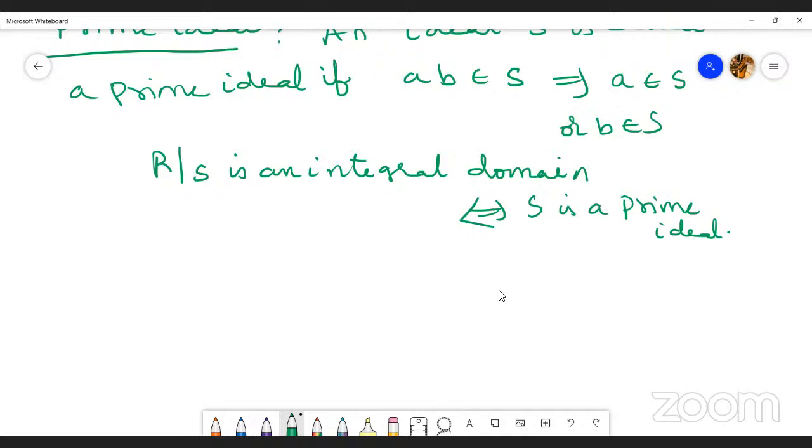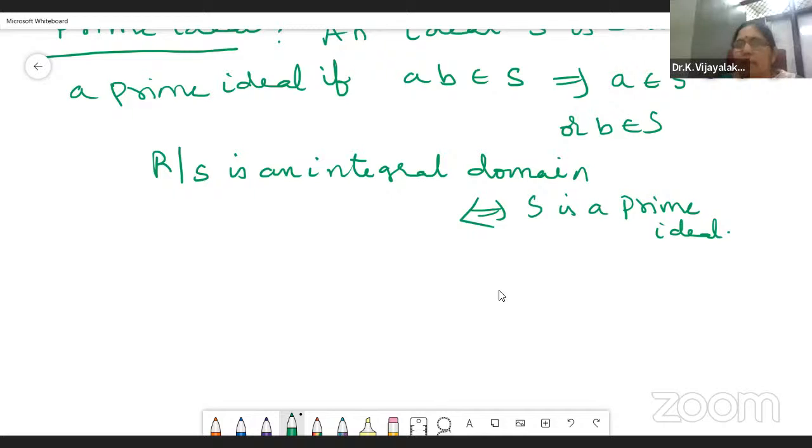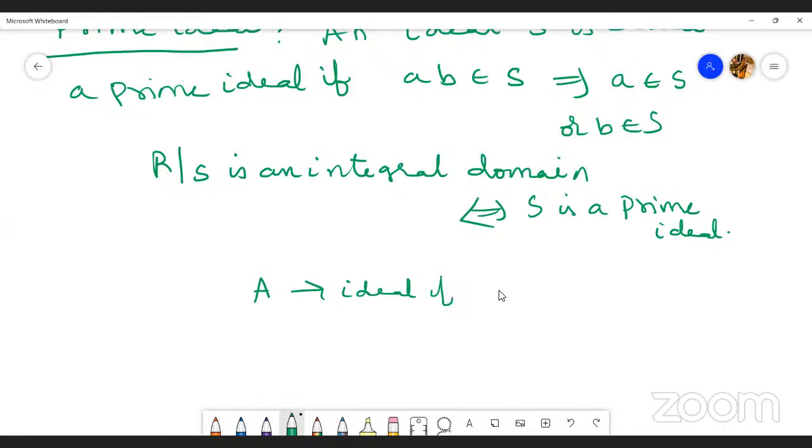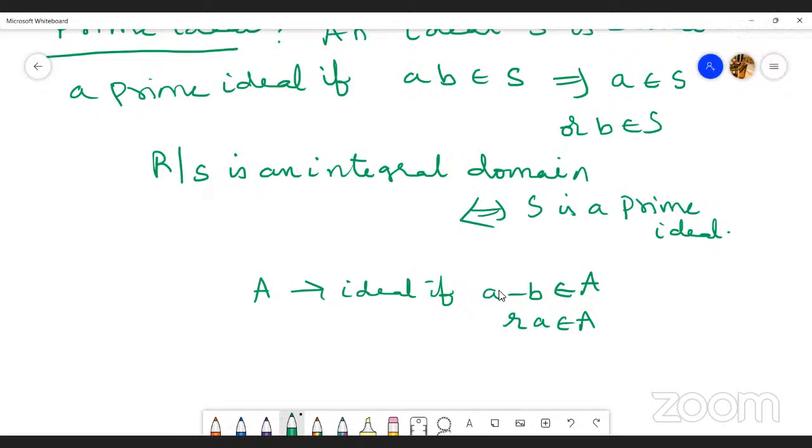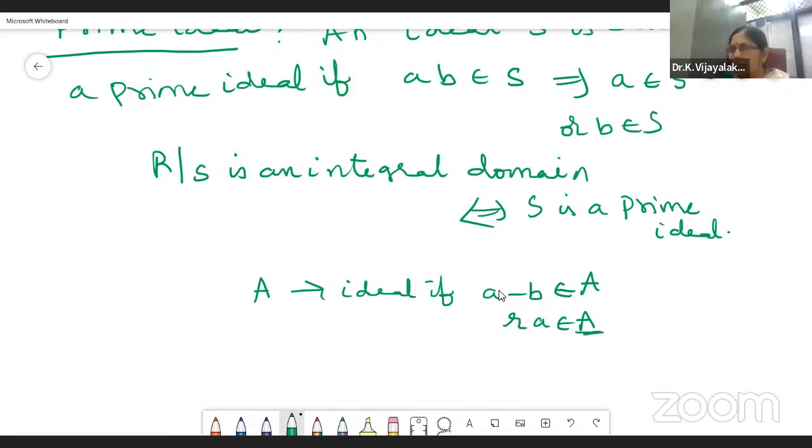Now, next one, what is an ideal? An ideal is one which is a subring. First of all, a non-empty set A is called an ideal if a minus b belongs to A for all a, b belongs to A, and ra belongs to A. That means ideal absorbs elements from the ring.